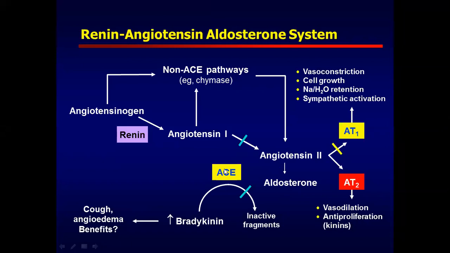Also, the ACE, or angiotensin converting enzyme, that cleaves angiotensin 1 to angiotensin 2, deactivates or breaks down bradykinin into inactive fragments. So all the efforts were made to block ACE, and they invented ACE inhibitors that will block the transformation of angiotensin 1 into angiotensin 2.